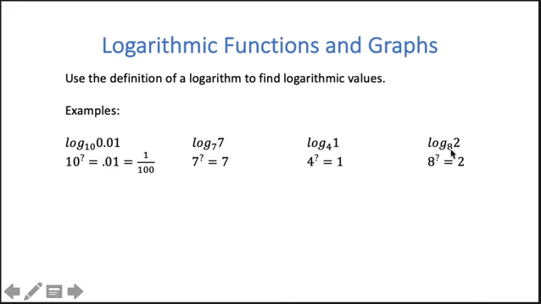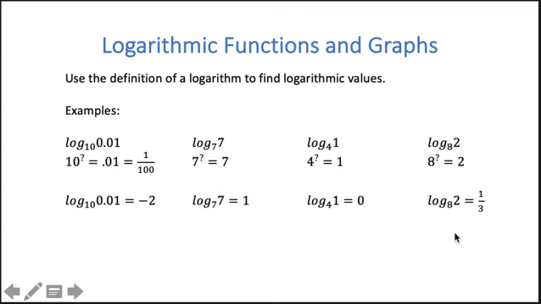This one is a little tricky because we have 8 to what power is equal to 2. I started with 8 and ended up with 2. Not sure if you would have seen this right off the bat, but this is going to be a root. So it's the third root, so this answer is going to be 1/3.